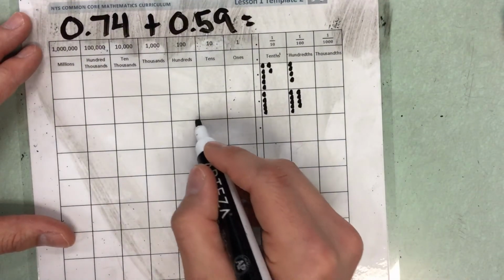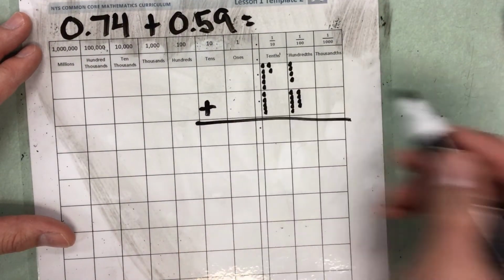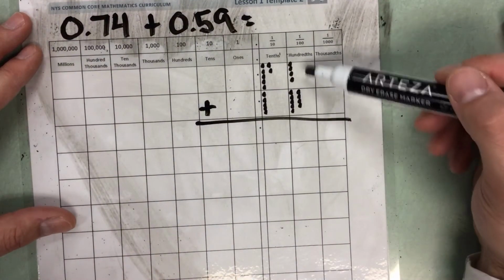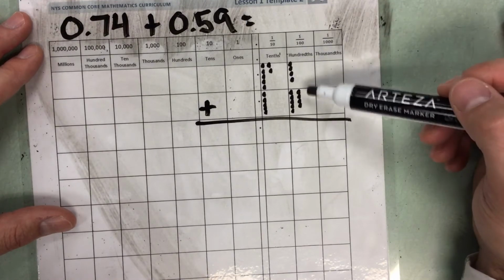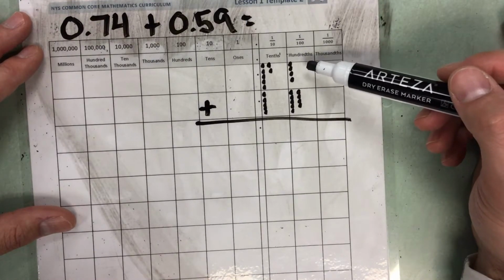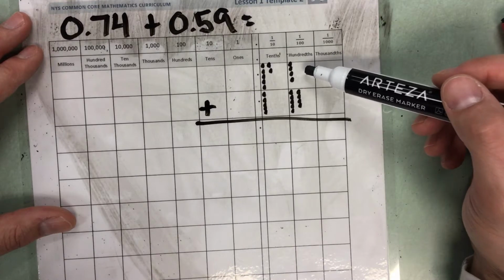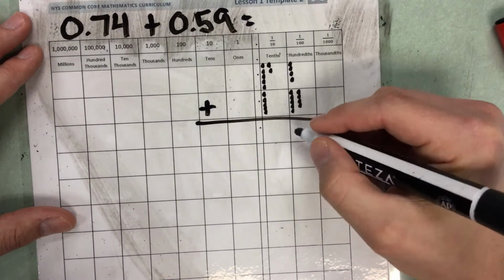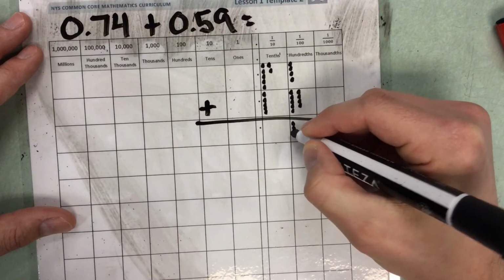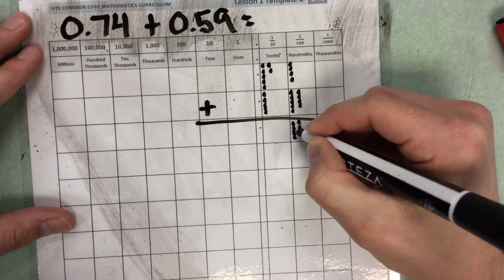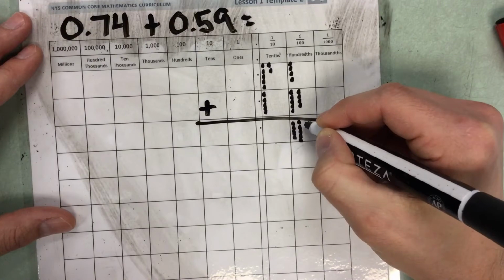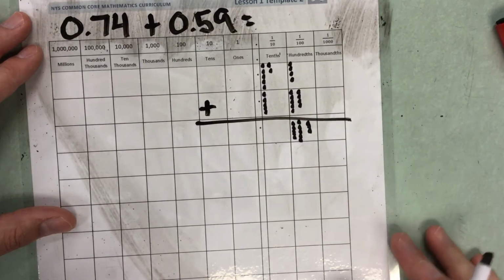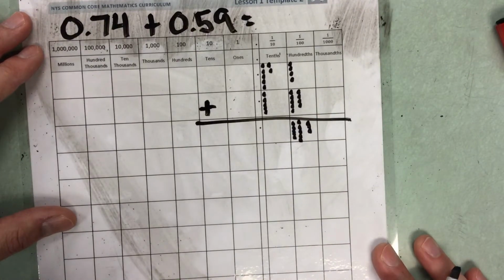Now, I can add these numbers on my place value chart, starting with like units down here at the lowest place value that we have, which is hundredths. So I have 9 hundredths plus 4 hundredths. So I'm going to add those two together. That would give me 13 hundredths.